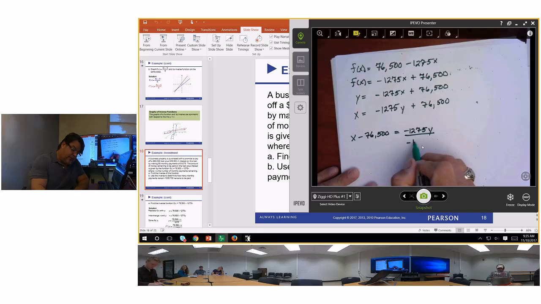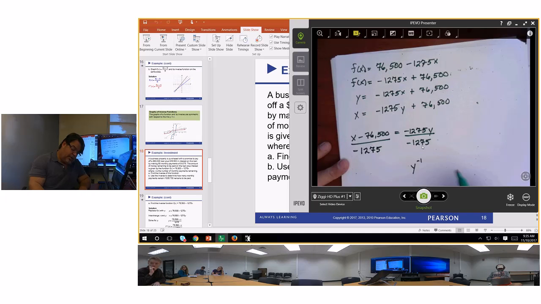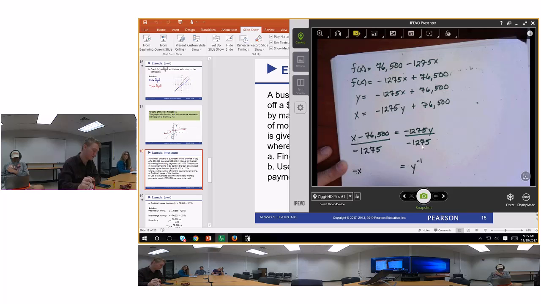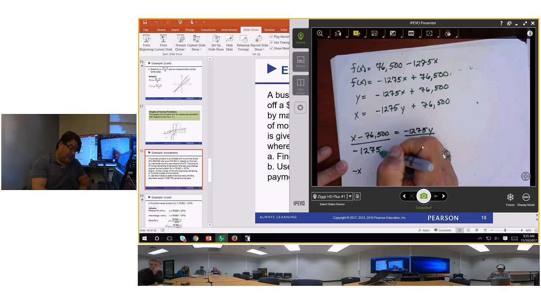Divide by negative 1275. Divide by negative 1275. And y to the negative 1 is equal to, and you could divide this by negative 1 up here and get negative x. Yeah, 76,500 divided by 1275 is 60, by the way. But you don't want to do that because then you'll have x over 1275, so you want to leave it alone.